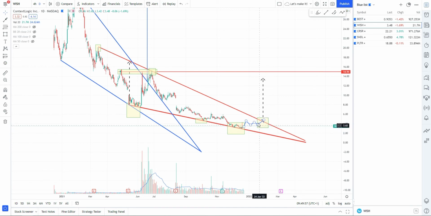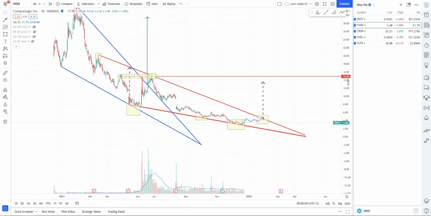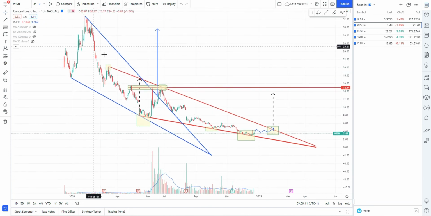Once we reach that point and the price tries to break out, I would say around $4.50 or so, then the extension of the movement upwards is calculated in exactly the same way we did with the blue wedge. We take the height of this red wedge and project it to a potential breakout area, ideally here, and we see that we are going very close to $14.